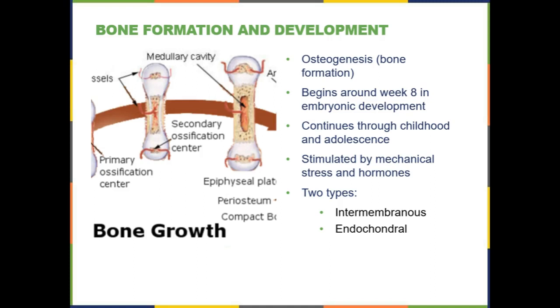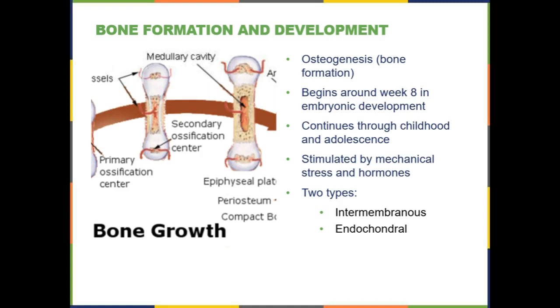But bone growth itself typically ends once you hit adulthood, between 18 and 25 years of age. There are two types of bone formation: intramembranous ossification, which is not as common a form of ossification, but it still does start during embryonic development.